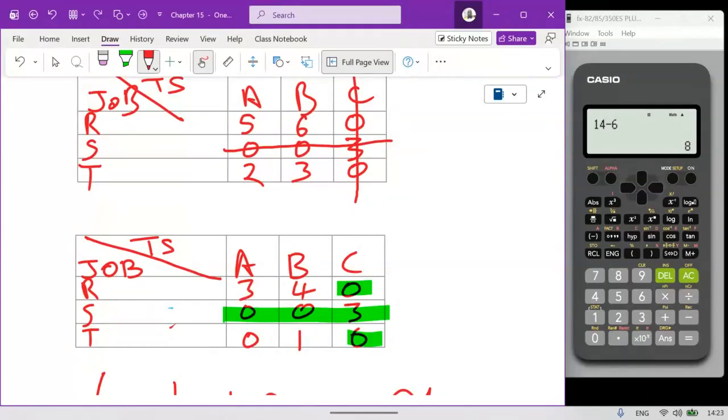Then now we are able to at least find our solution.